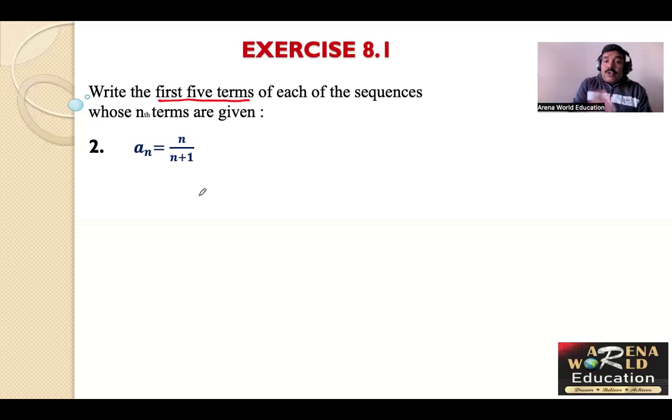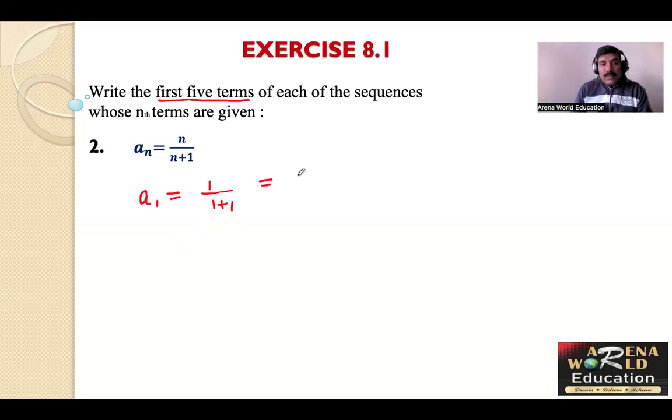You guys can stop this video and you can try the question, right? If you still need any hint, if you are facing any difficulty, you can start the video again, right? Otherwise it is strongly recommended, first of all, try yourself. So now A1 will be what? 1 upon 1 plus 1.